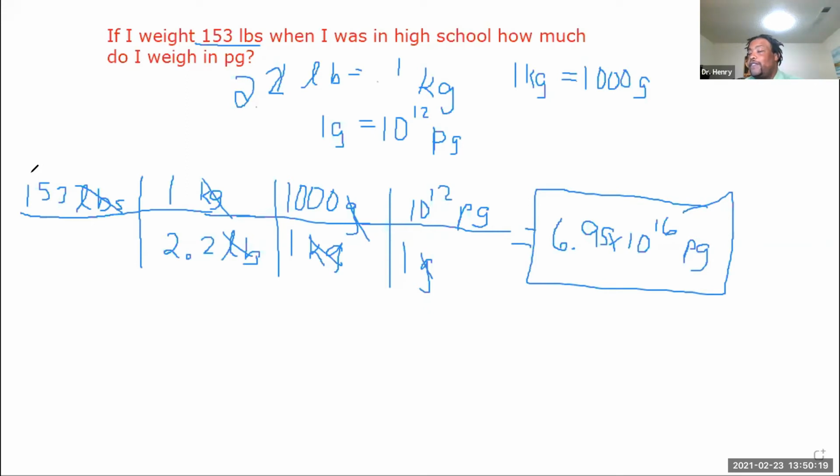We haven't talked about sig figs yet. That's what we're going to be talking about today. Okay, so in this case, this would be 3 sig figs, and I'll explain that to you in a second. So then we would have 6.9 times 10 to the 16 picograms. So that's an example of me writing a problem, and then an example of me being another student and answering that problem.